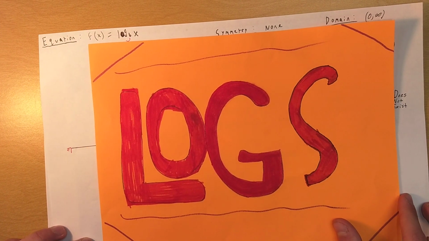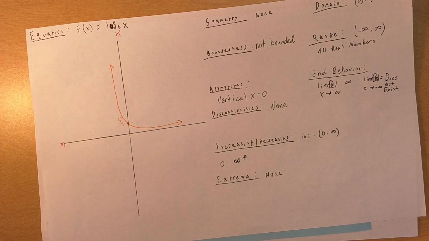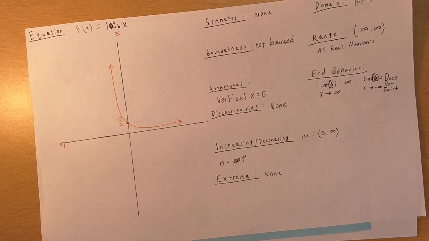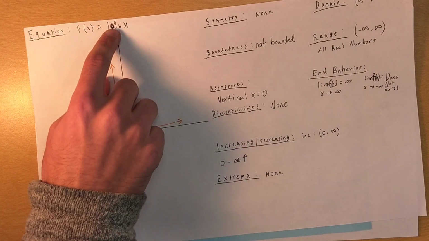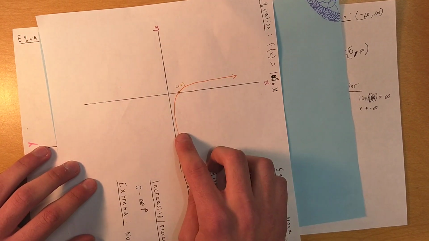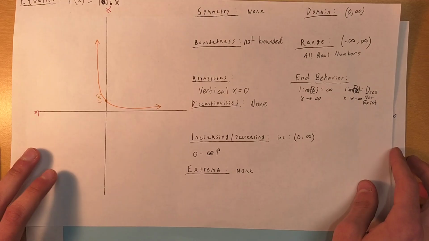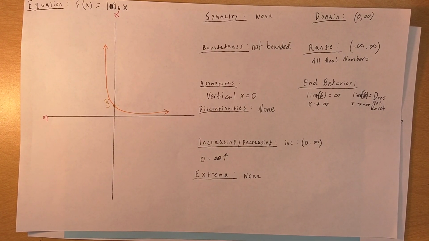Okay, so first we're going to go over log functions. The parent function of a log is f of x equals log base b of x. So, here's the graph sideways. There's going to be no symmetry here, and there are no bounds.